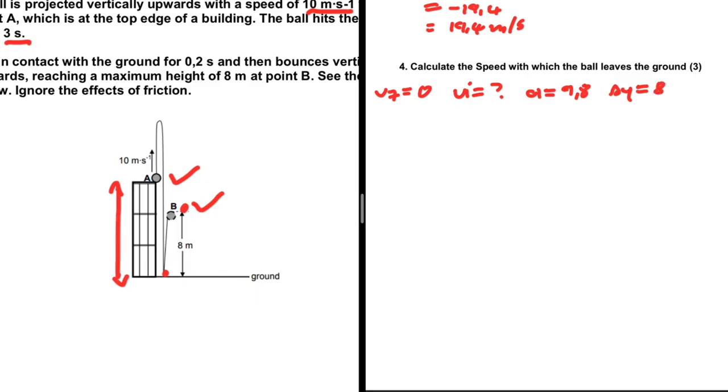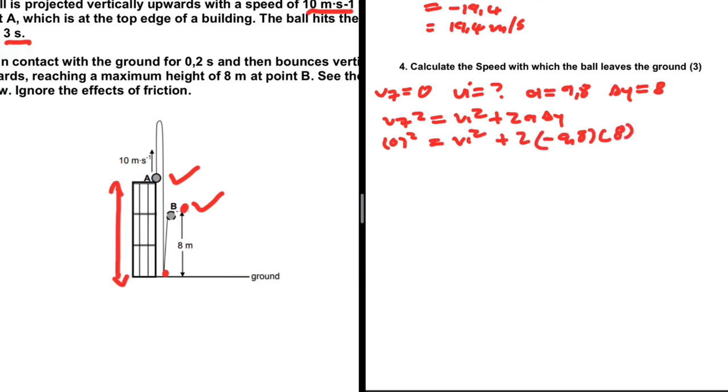So with these four variables, which equation can we use to find vi? vf squared is equal to vi squared plus 2a delta y. That should be quite easy to see. vf is 0, so we have 0 squared being equal to vi, what we're interested in, plus 2. Acceleration is minus 9.8, delta y is 8.